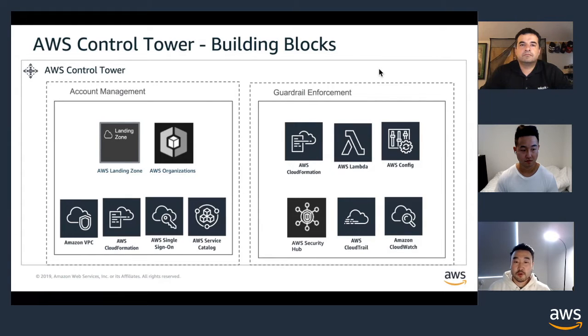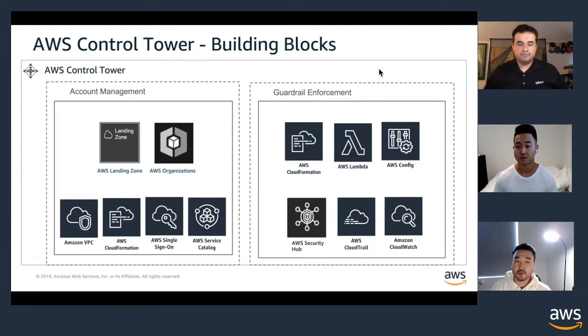Here are some of the underlying services that make up Control Tower. On the account management side, again, multi-account management is heavily based on Organizations. Service Catalog is used to create the accounts. This is called Account Factory, which I will talk about in a little bit. And CloudFormation is utilized to set those guardrail policies and compliances.